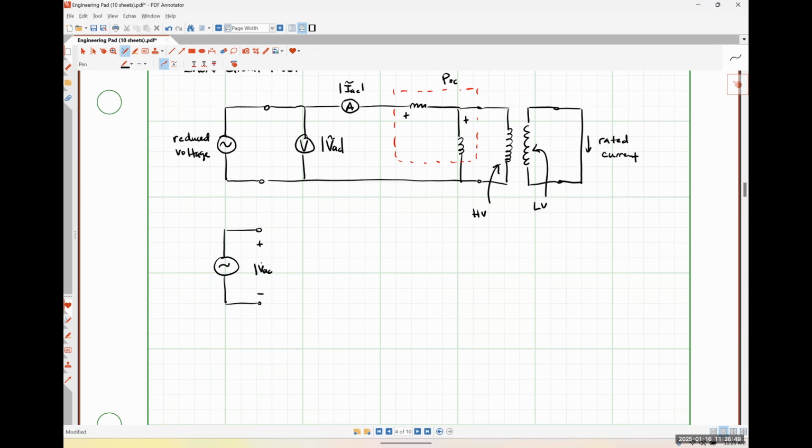So here's our AC voltage. Here's our AC current. Here's our REQ secondary, our JXEQ secondary.